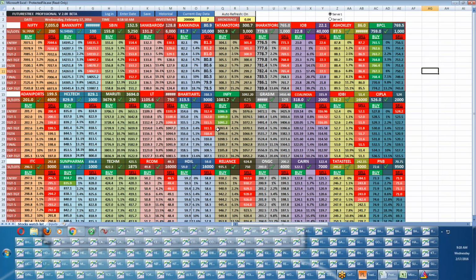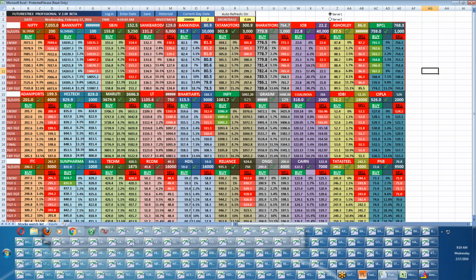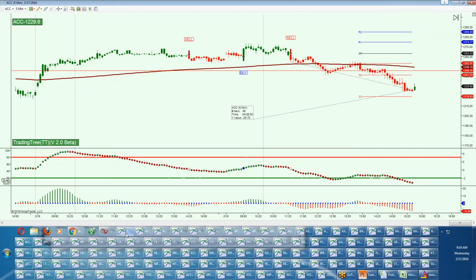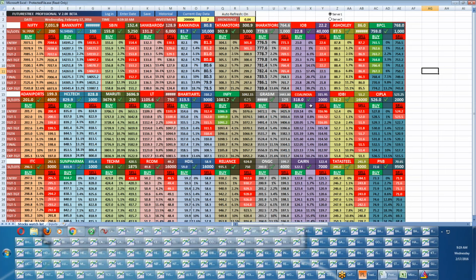So Infi is a buy, Adani Ports is a sell, L&T is a sell, Sun Pharma is a buy, Cipla is a sell. We have a buy in ACC. So I'll just replace this IDBI with ACC.